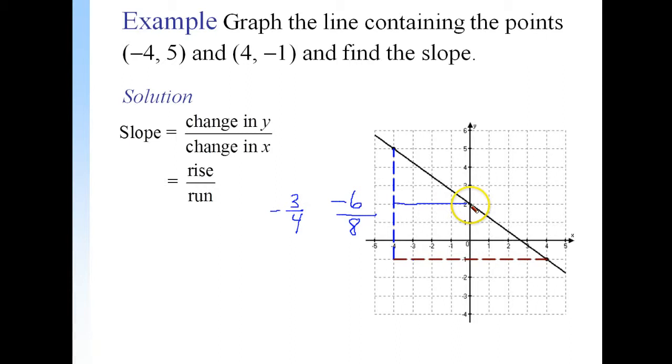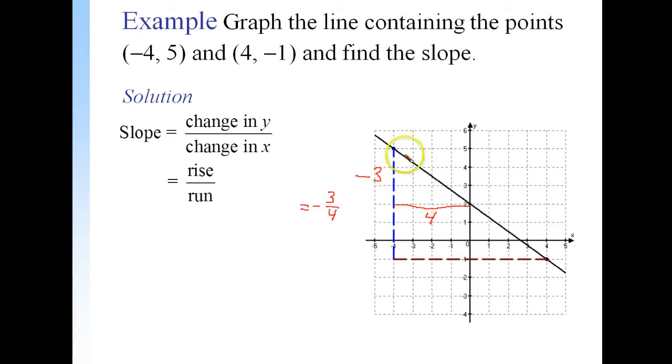Now notice it also crossed right there. How about if we do this one? Here, let me see, I lost my line. Okay, there it is. 1, 2, 3. That's a negative 3. 1, 2, 3, 4. That's going to be a positive 4, which is again a negative 3/4.